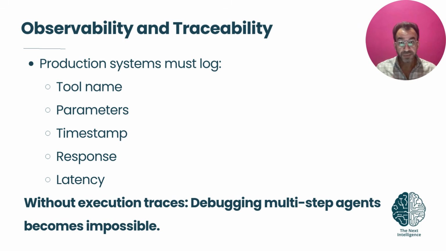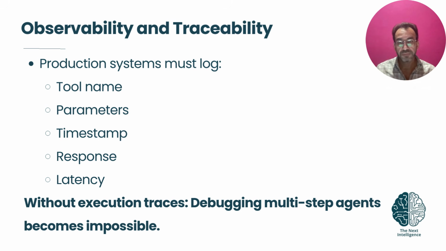Lastly, observability and traceability. A production system must log, for each tool call, the tool name, the parameters used, the timestamp, the response, and the latency. Because without these, debugging multi-step agents will become impossible, and that's very dangerous and risky. We have seen these risks in the previous slide.